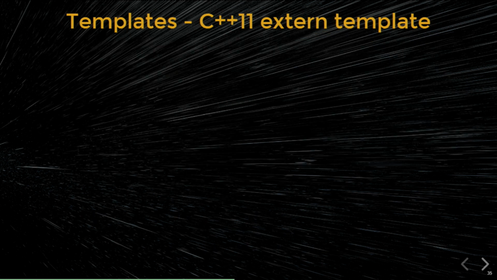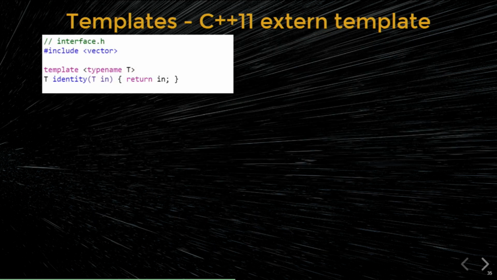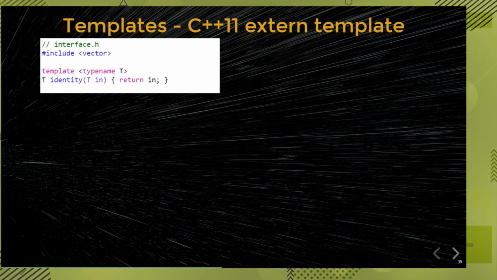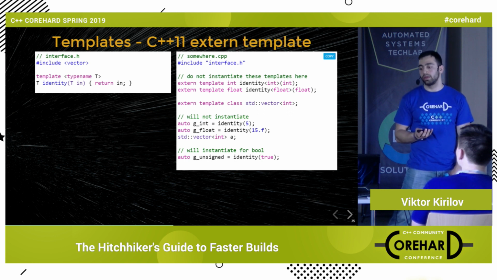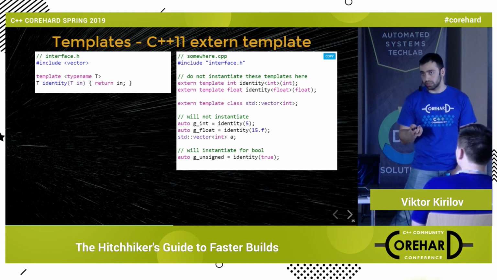Extern template. That was added in C++11. And the idea is that if we have some templates and we want to use them somewhere, we could say at the start of the translation unit or anywhere, extern template and for specific types. And that means do not instantiate that template in that specific translation unit for those types. You can just use it. It will be instantiated somewhere else.